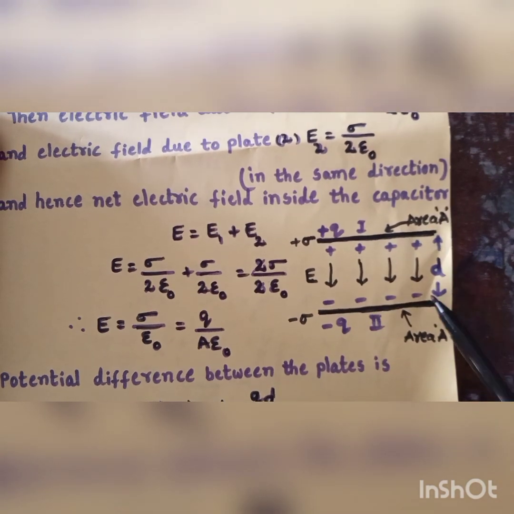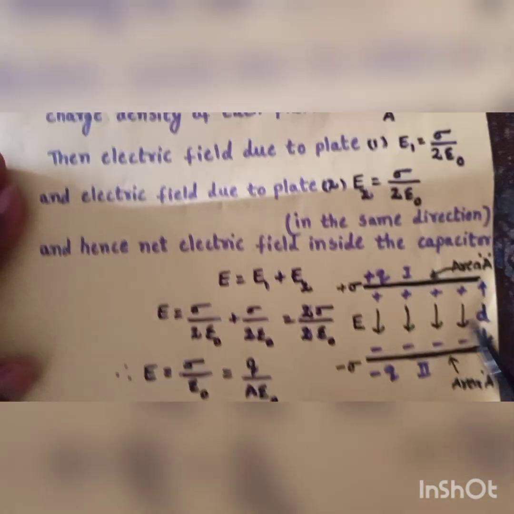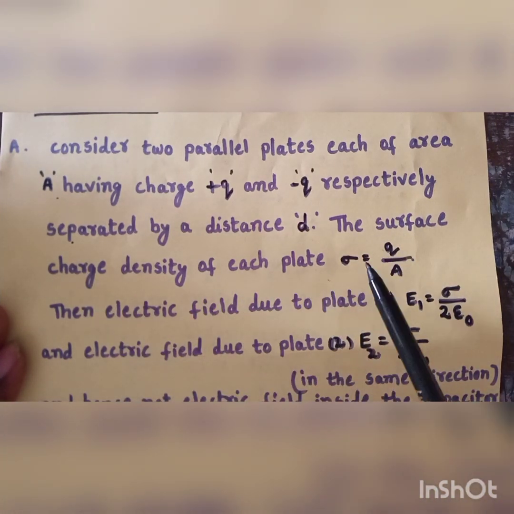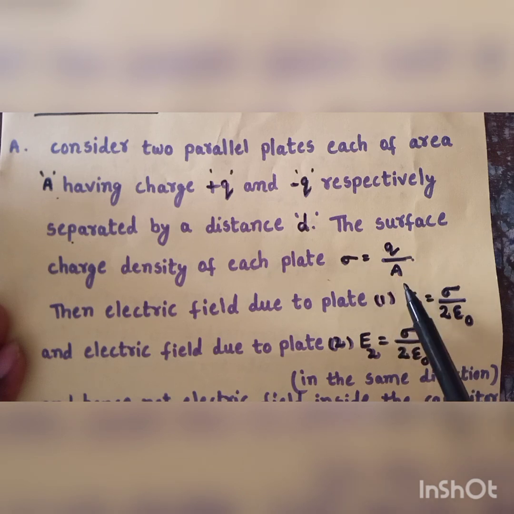The two parallel plates are separated by a distance d. The surface charge density of each plate, sigma is equal to q by A.